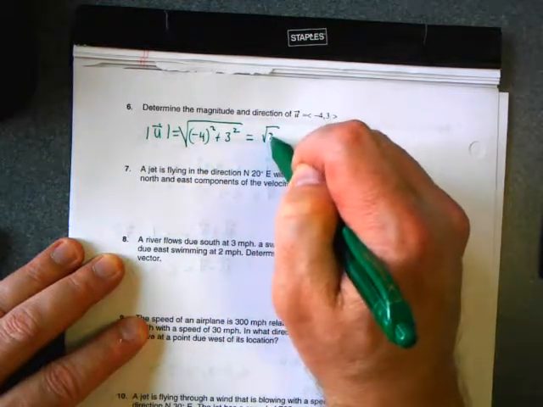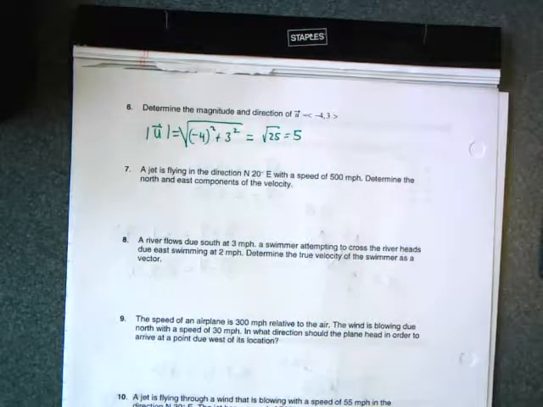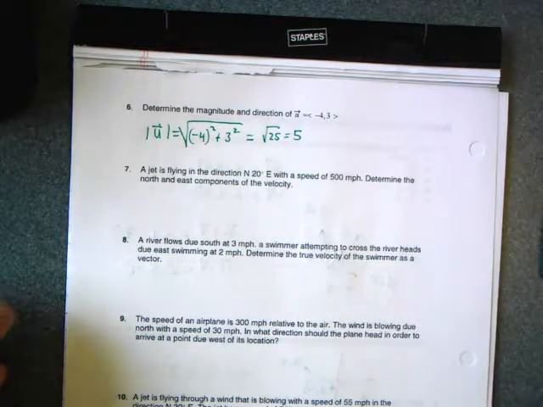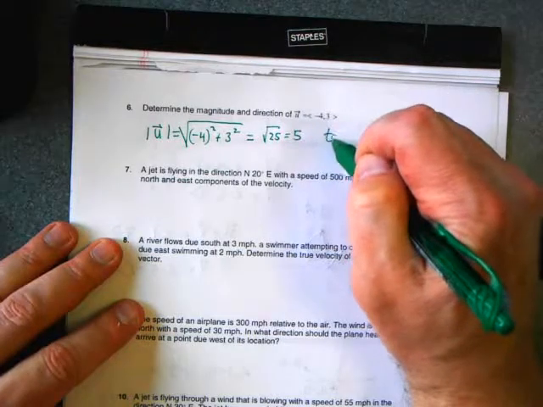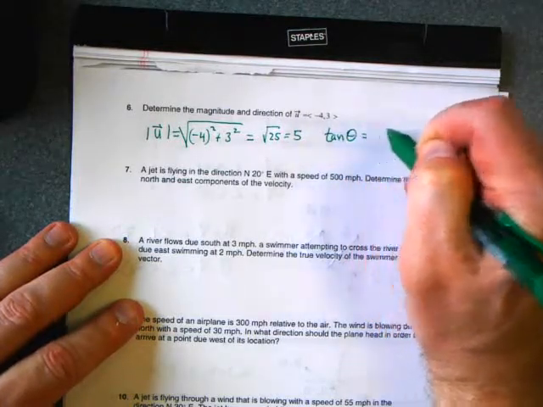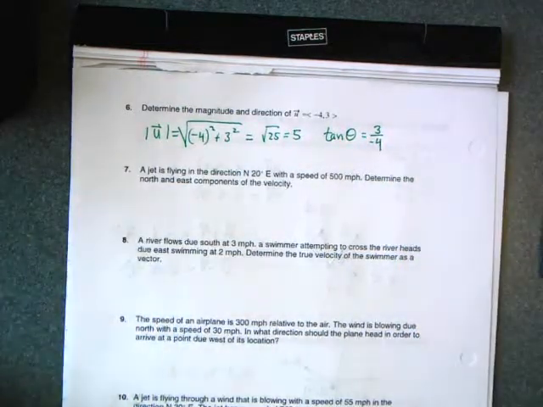So that's square root of 25, which is 5. Then how do I find the direction? Tangent. Tangent of theta is y over x. So it's 3 over -4.